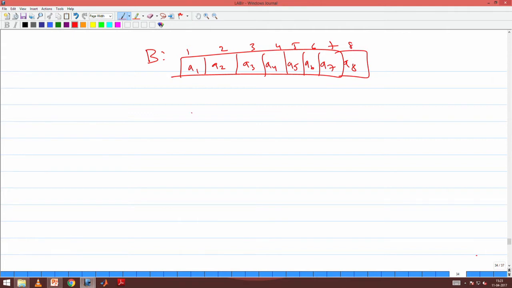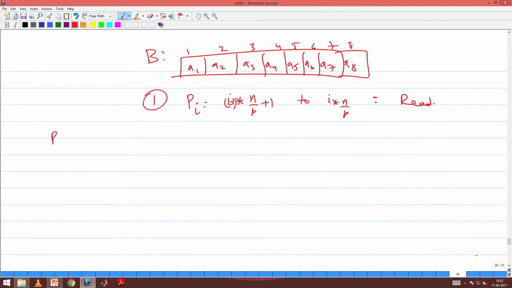Let us say 4 processors. Pi reads from (I minus 1) into n by p plus 1 to I into n by p. This is the first step, read. This is step number 1.